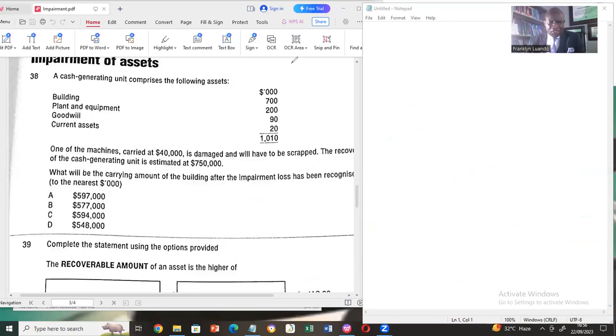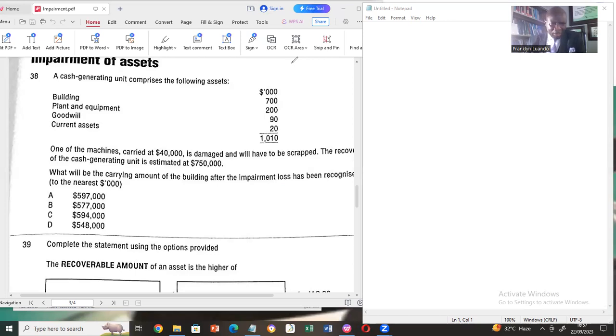One of the machines carried at 40,000 is damaged and will have to be scrapped. So automatically we have the asset that is obviously impaired, and the first allocation will go to those assets which are obviously impaired, and then to goodwill, and then to other assets on a pro rata basis.